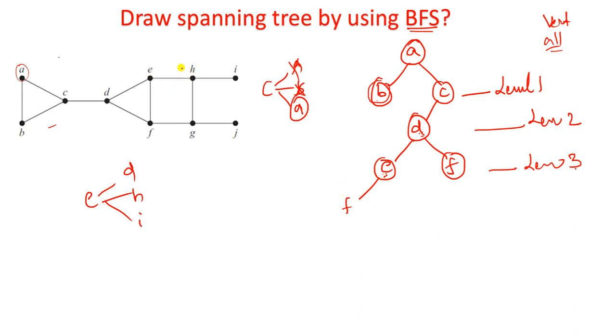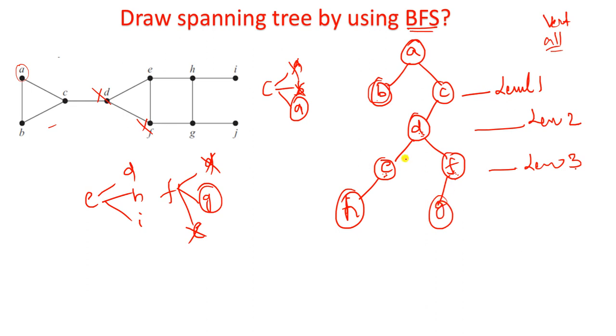What is the element we have? H. Only H. D and F are already visited. And the next element? F. Are there any elements incident with F? Yes, F has D, G and E. E is completed, D is completed, only one element, that is G.